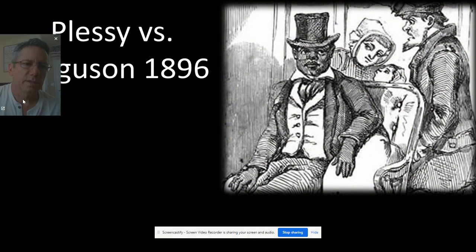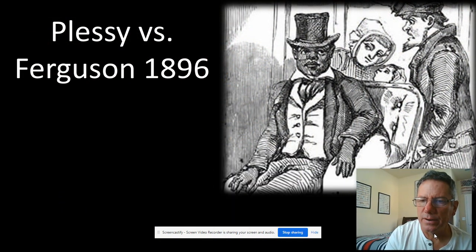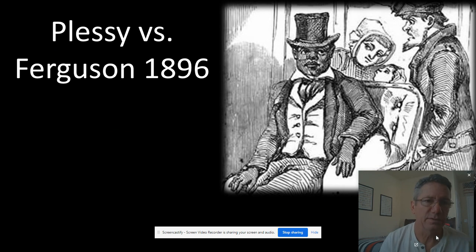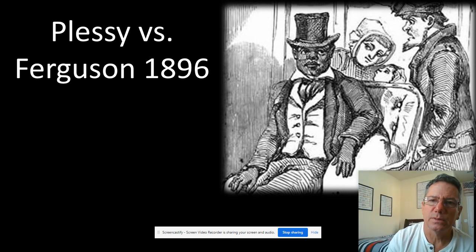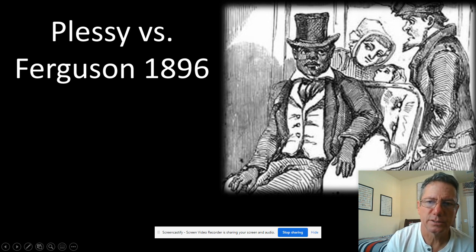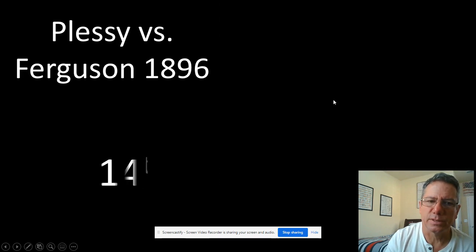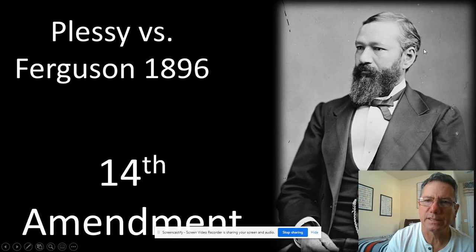Ladies and gentlemen, this is going to then even kind of bleed over into the area of race when it comes to the Plessy versus Ferguson Supreme Court decision in 1896. Homer Plessy was an African-American man who was riding in a whites-only car in the South on a train, and he was told by the conductor that he's got to get off and go to the black colored section of the train, and he, in essence, refused. Like a lot of other Supreme Court decisions, this is actually Homer Plessy.